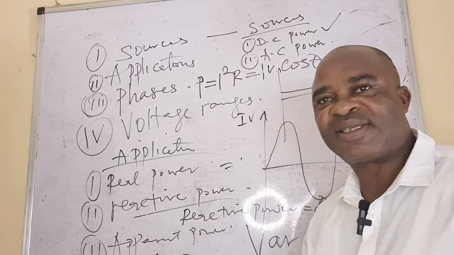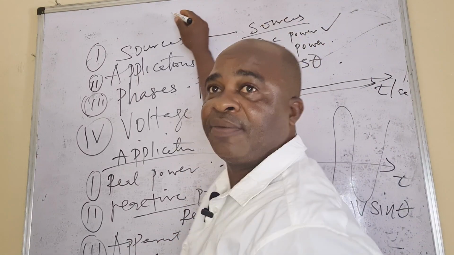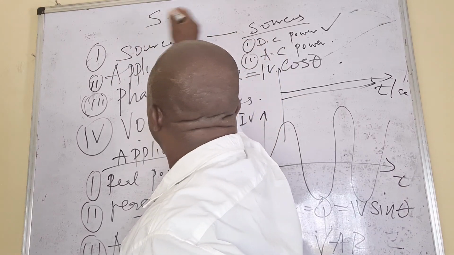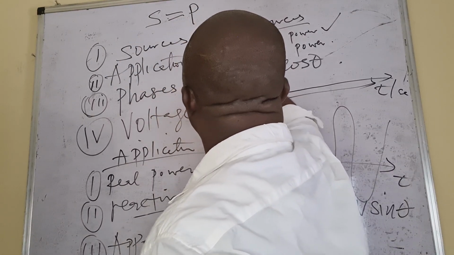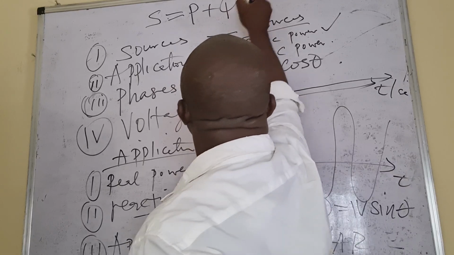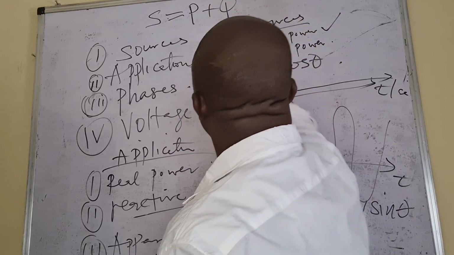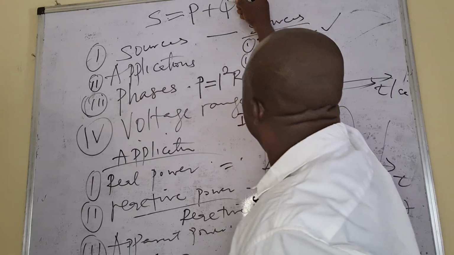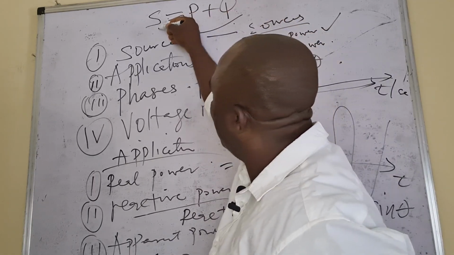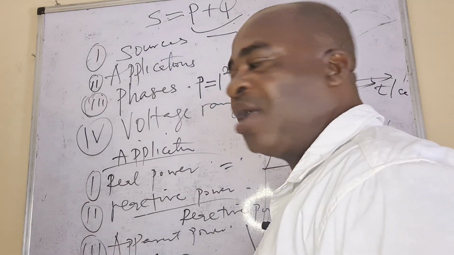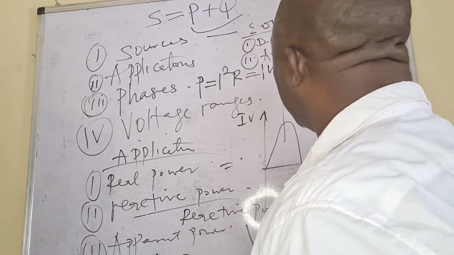In that case, apparent power is represented with S, which is equal to P, real power, plus Q, reactive power. So this is our real power, this is our reactive power. Combination of these two now gives us apparent power.